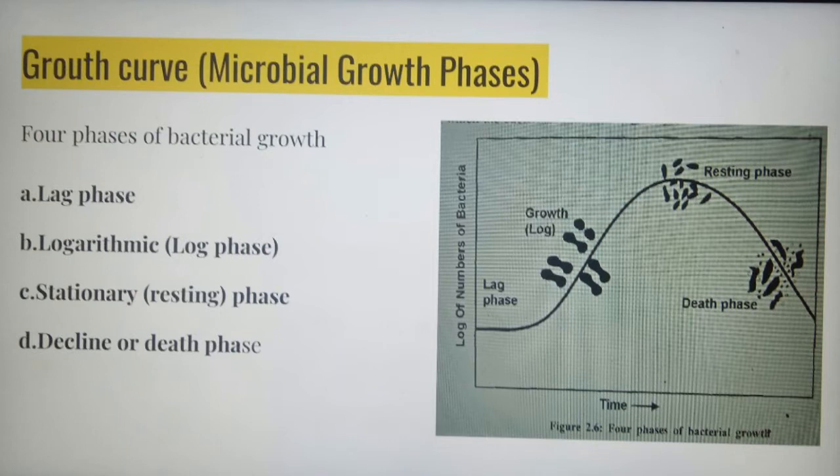The growth curve can be obtained by plotting the count of bacterial cells against the corresponding storage time under the condition favoring growth of microorganisms. A microbial growth curve would show the following four phases.